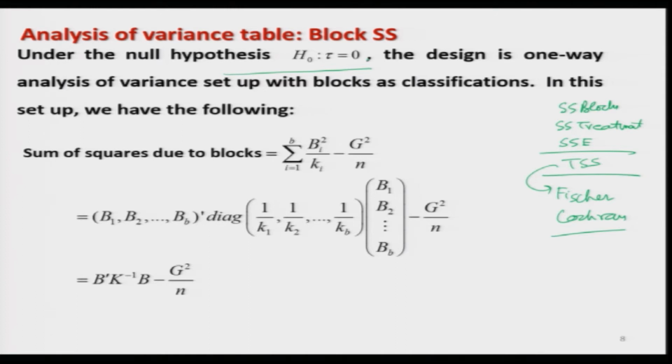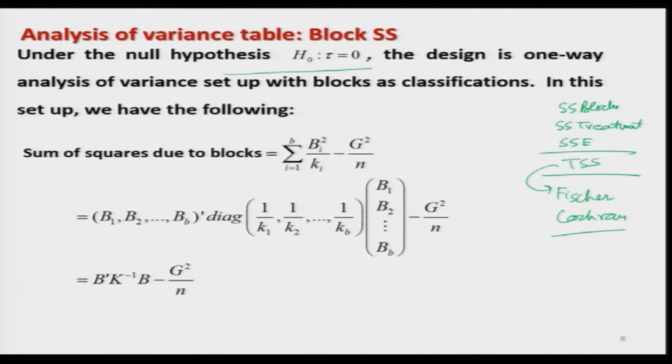Now, as you have learned in the case of two-way analysis of variance and one-way analysis of variance, in some sense conducting the two-way analysis of variance is equivalent to a sort of one-way analysis of variance. They are different, but just try to think for a while.